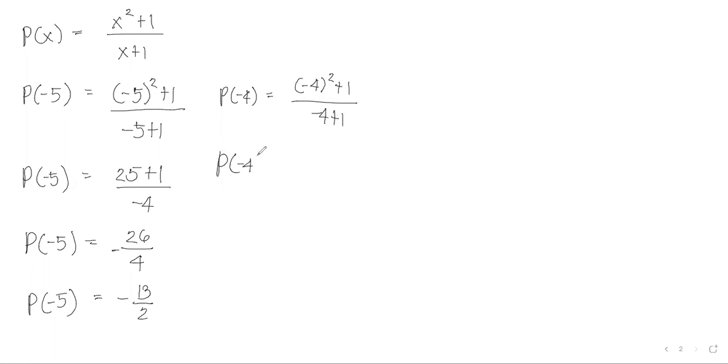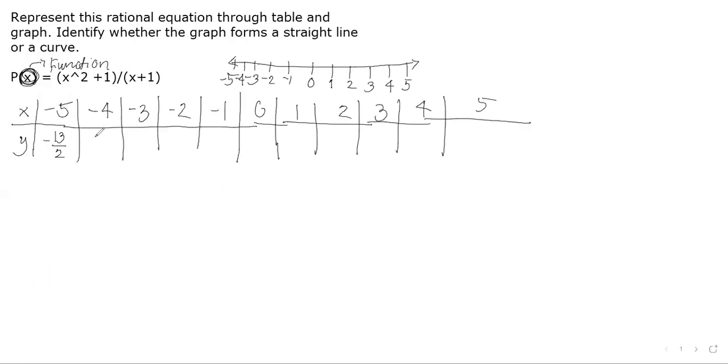And negative 4 squared, that's 16 plus 1 over negative 4 plus 1, that's negative 3. And P of negative 4 is 17 over negative 3. So, ayan. Ilagay natin sa table. Negative 17 over 3.